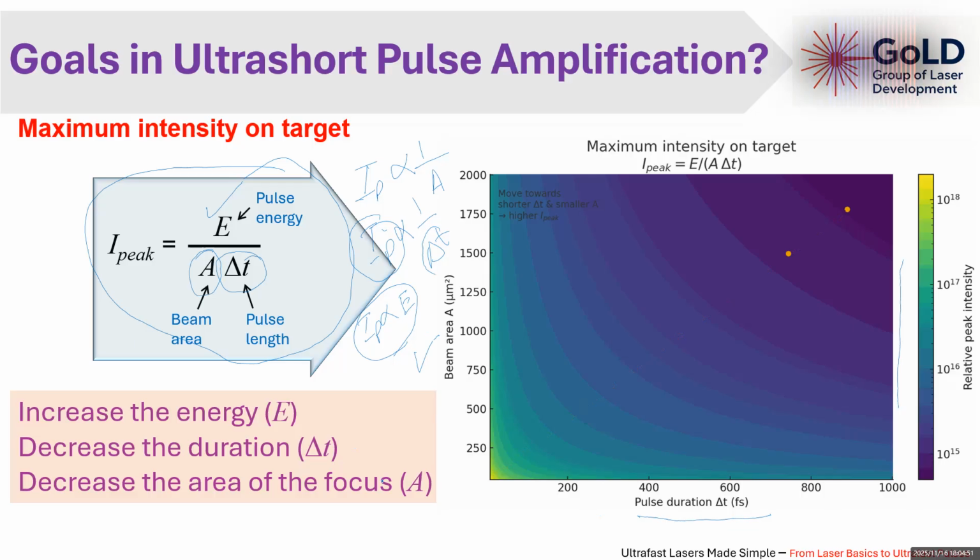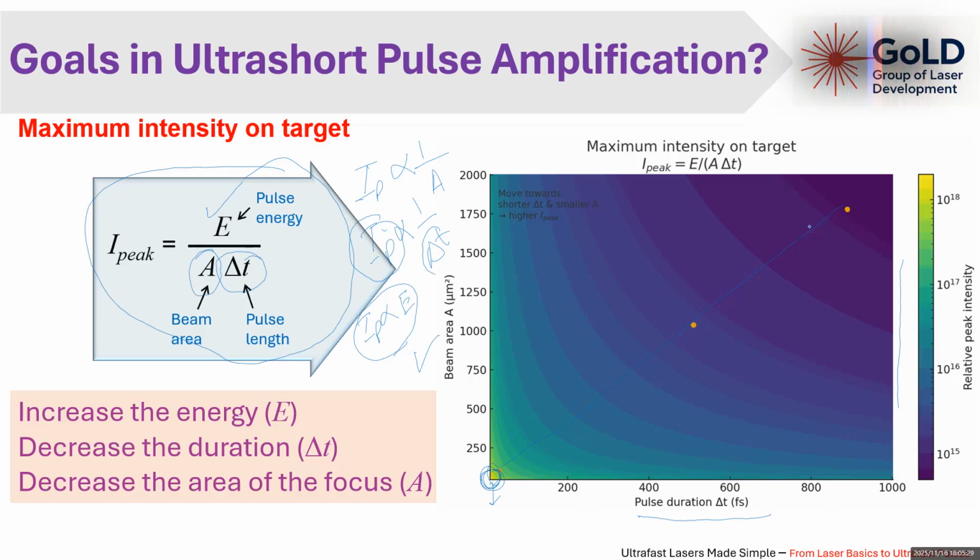So this portion, the yellow portion, is where the peak intensity is maximum. Why is it maximum? Because the pulse duration is very much less here. Okay, and the beam area is also less here. So if you go up like this, definitely the pulse duration will be increasing and the beam area will also be increasing. But the intensity here is reduced.